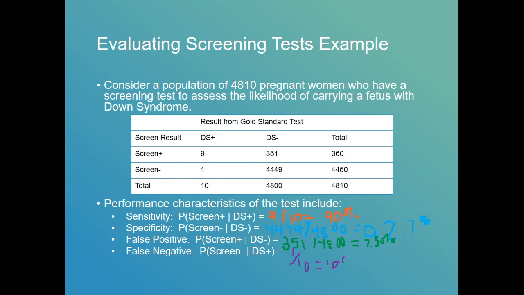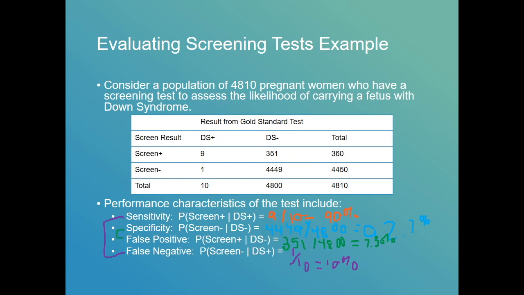Now you can see that we could have done 1 minus the specificity to get this false positive, and to get the false negative we could have done 1 minus the sensitivity. So these two go together, and the middle two, specificity and false negative, go together.